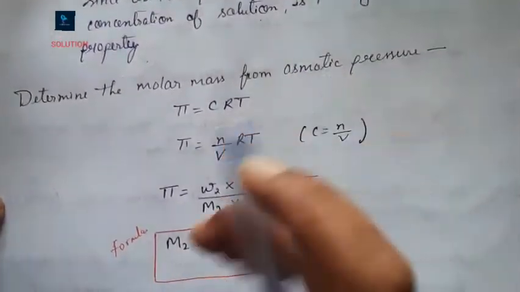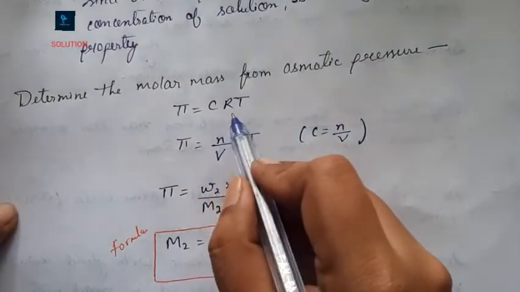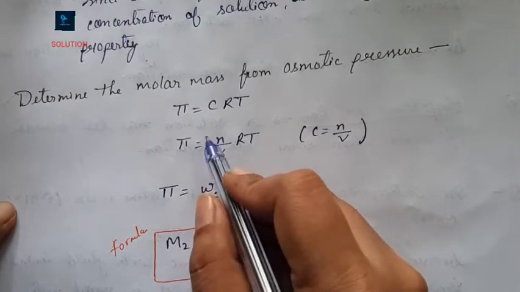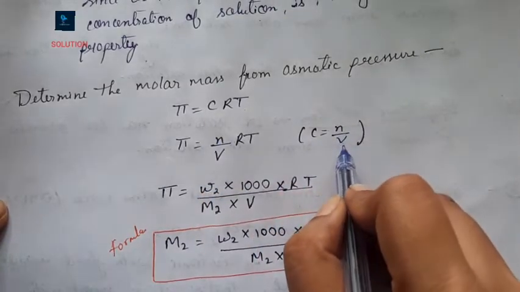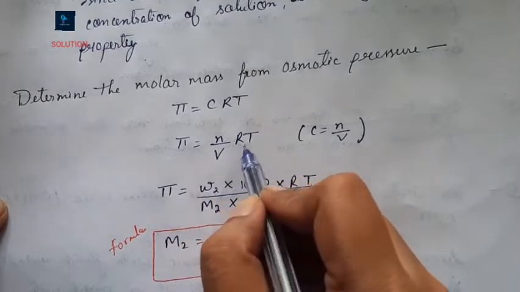Now, determine the molar mass from osmotic pressure. Pi is equal to CRT, and you know that C equals n by V, n is the number of moles divided by volume. So pi is equal to n by V into RT.